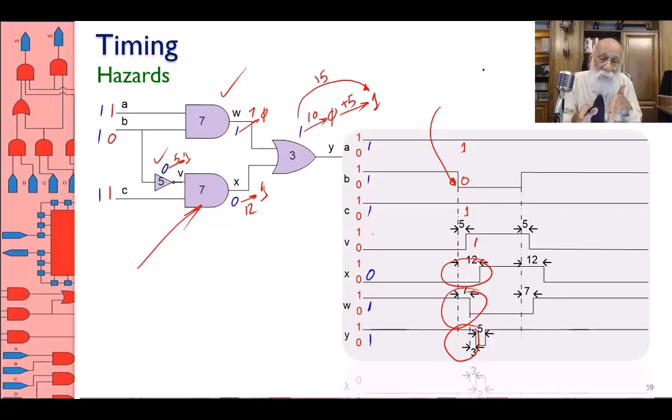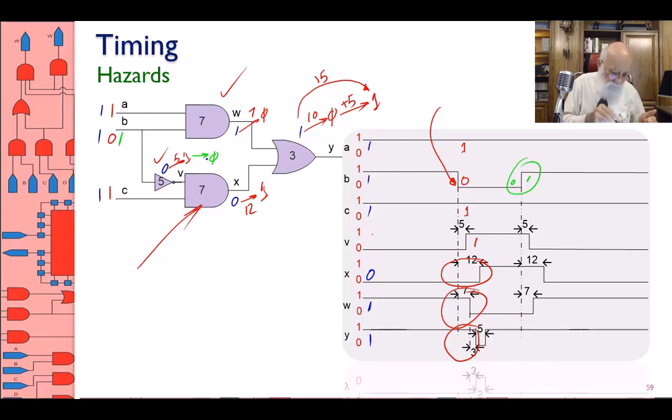If I continue doing this, does this happen again? Let's continue doing this. And this time, my B changes from 0 to 1. Okay? 5 nanoseconds after B changes from 0 to 1, V changes to 0.